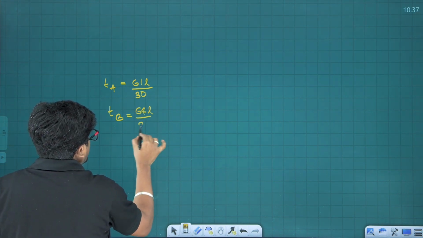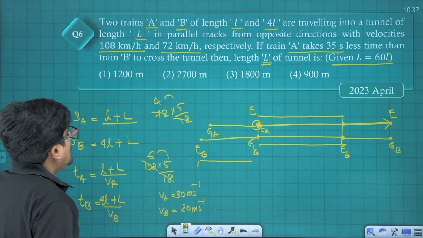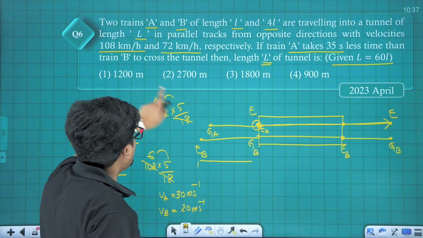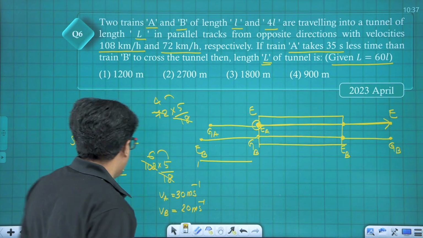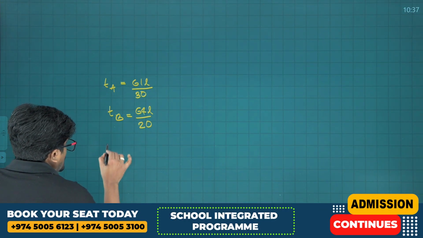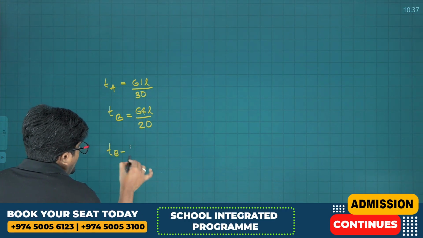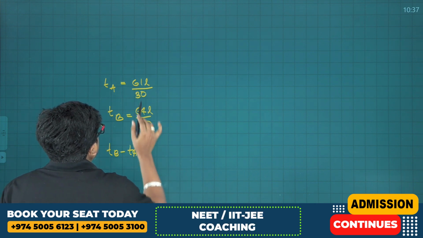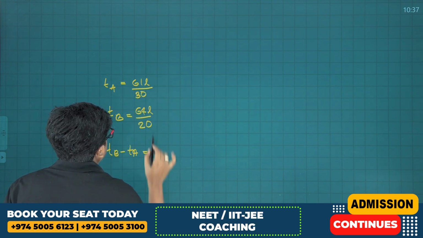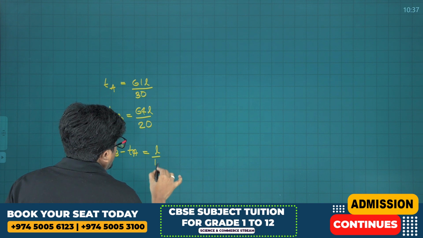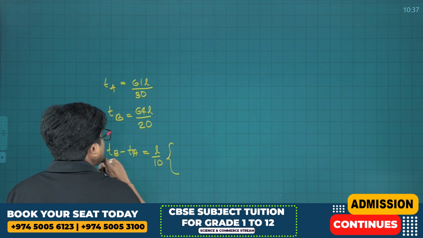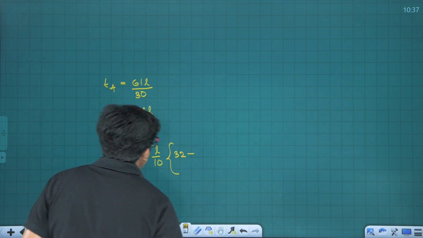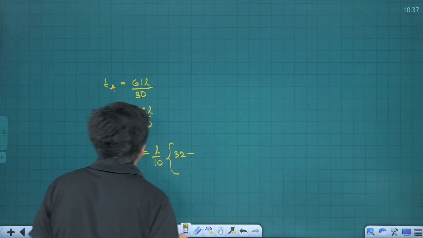64L divided by 20. As per the question, TA takes lesser time than TB, and that is 35, which means TB is greater. So TB minus TA is equal to L by 10 as common, and here it is going to be 64 by 2, that is 32, minus of, here this is going to be what?